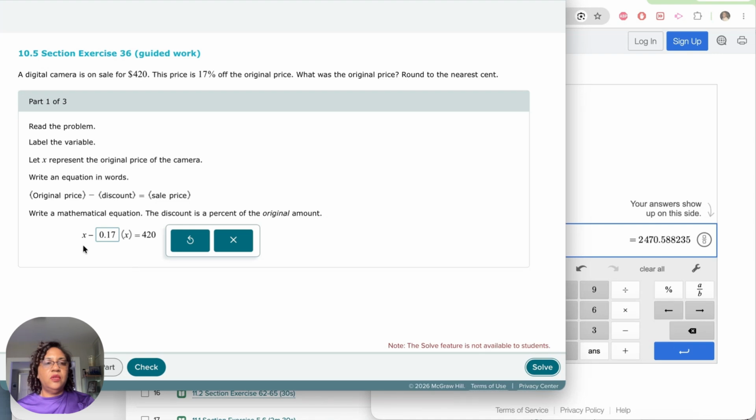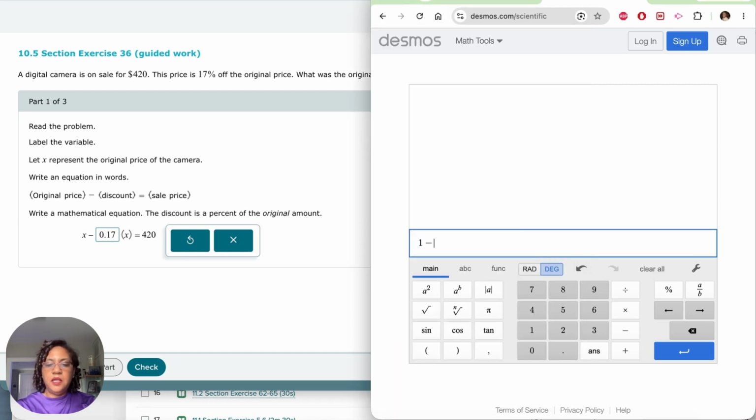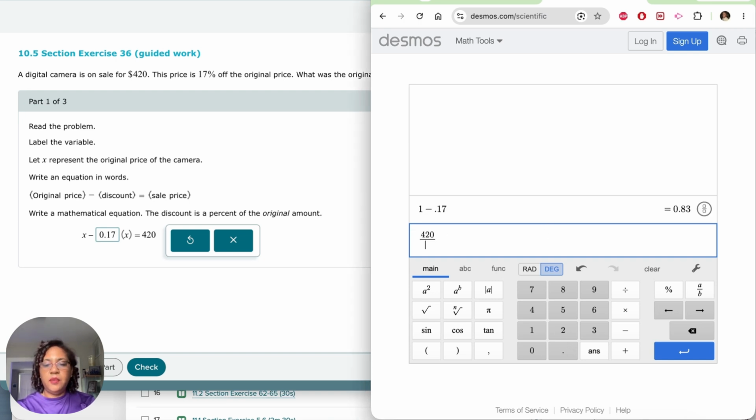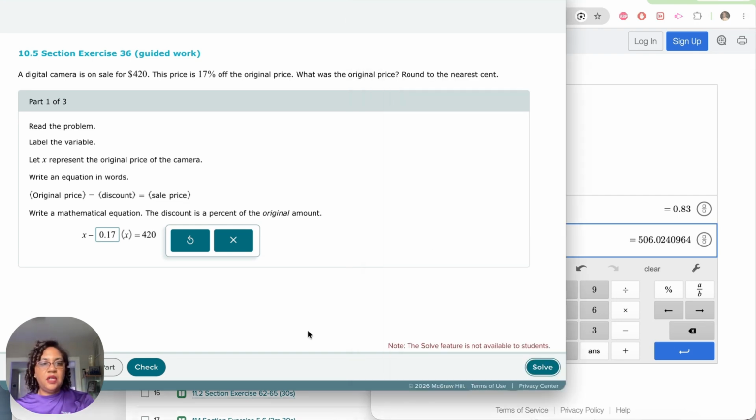So you would get 1 minus 0.17, right? So 1 minus 0.17, which is 0.83. So then you would have 420 divided by 0.83, right? Because, yeah, I was doing this without the drawing. So 420 divided by 0.83. So the original price was $506.